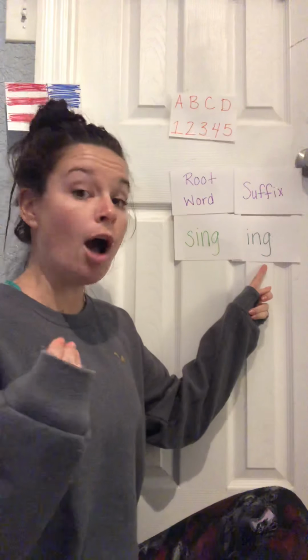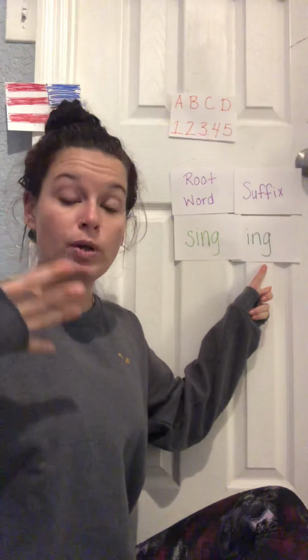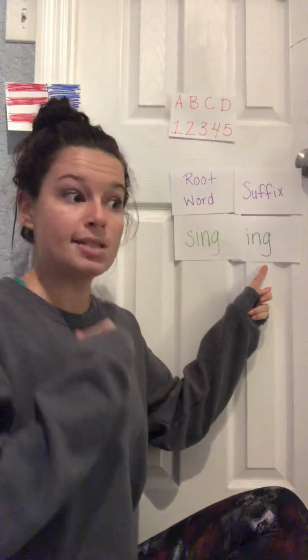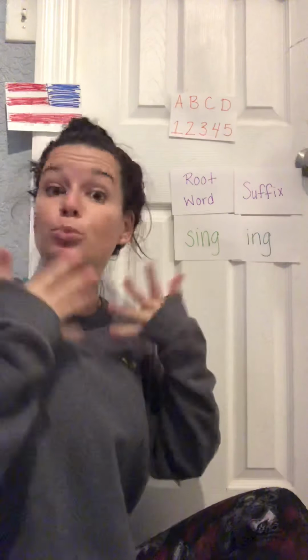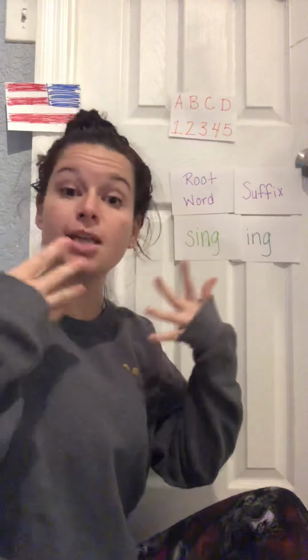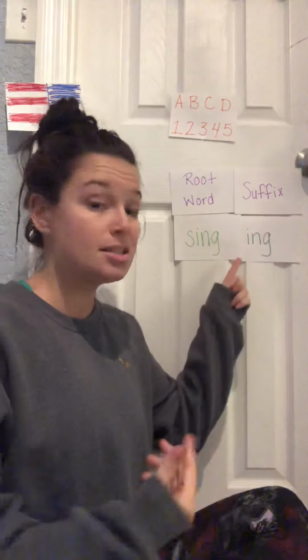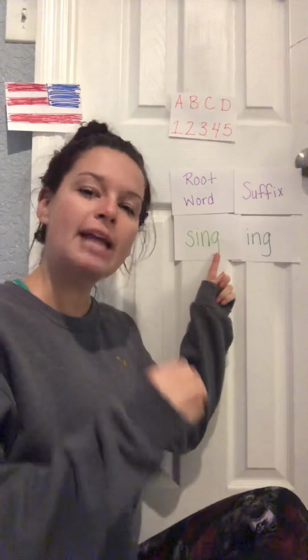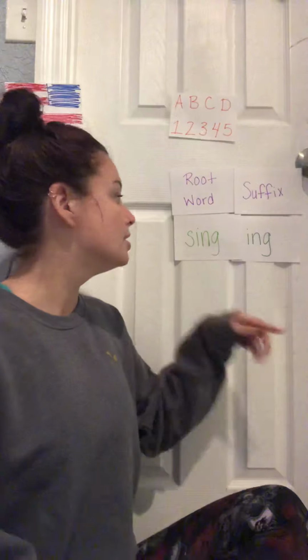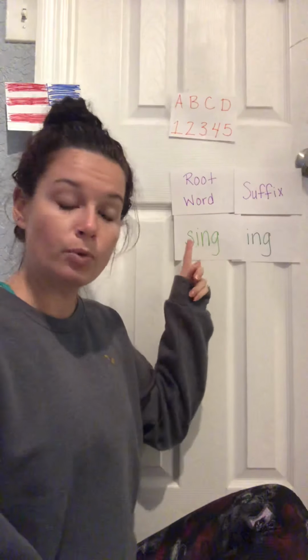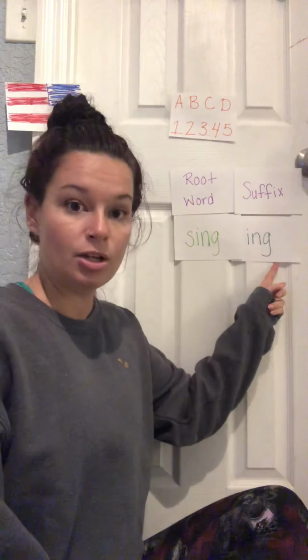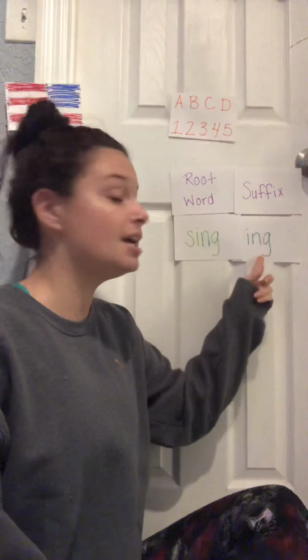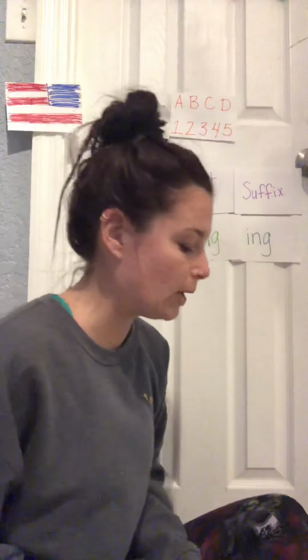We're still talking about someone using their voice in a pretty way to make sounds or to say words, but now we're changing the meaning a little bit. So instead of sing, we're doing sing-ing with the suffix ing. Okay, let's try another one.